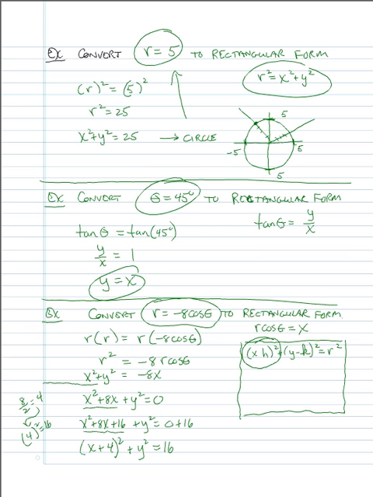And now that we've done this, we know that that's the equation of a circle. We know that the center has an x value of -4, and a y value of 0. And we know the radius is 4. So we could actually graph that pretty quickly.